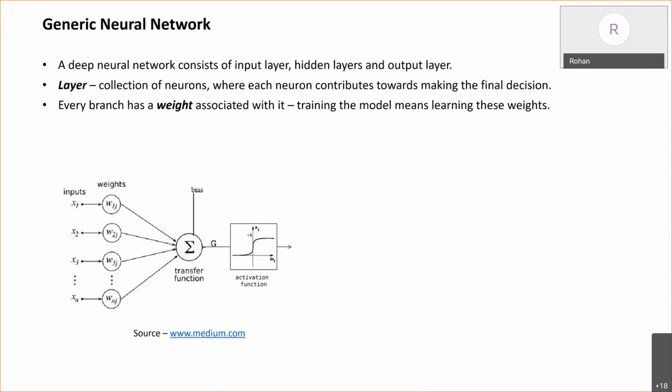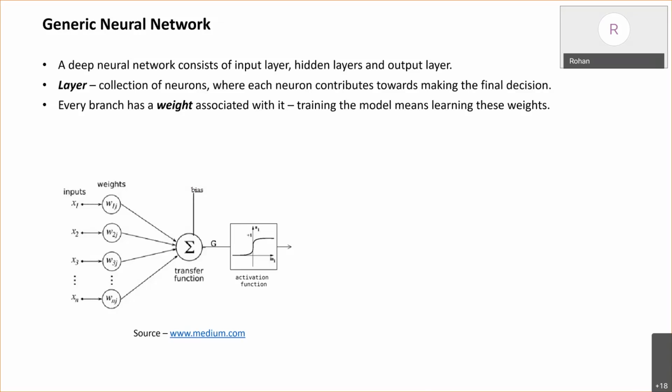And finally, you have the output layer, which takes up the values or the weights from the hidden layers, and then does some sort of prediction using an activation function or aggregation function, right? So these are the three basic building blocks of a generic neural network, right?